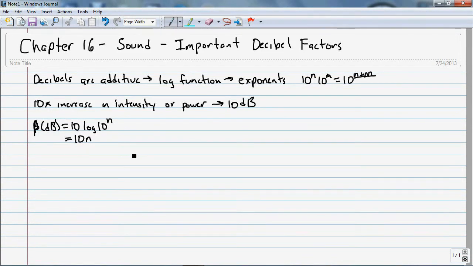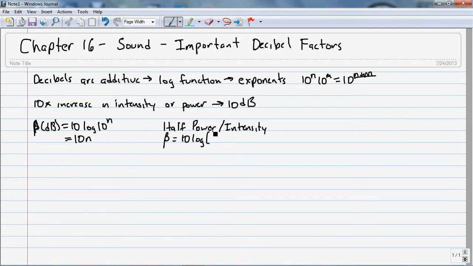Now, another factor that's important is what we call half power or intensity. Let's just express our ratio.